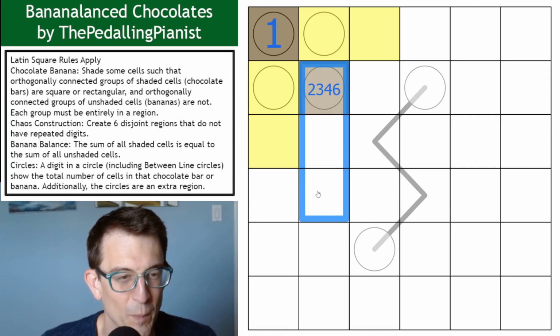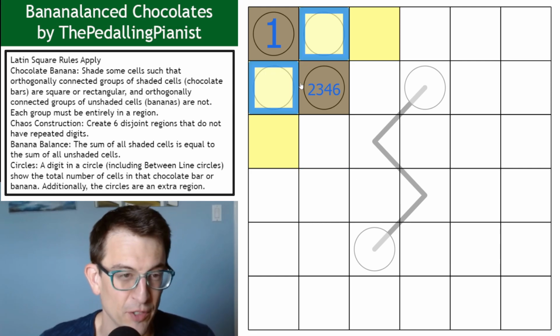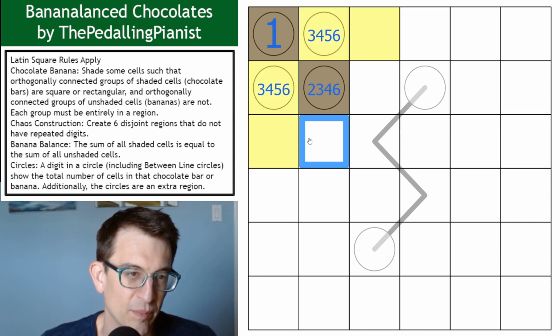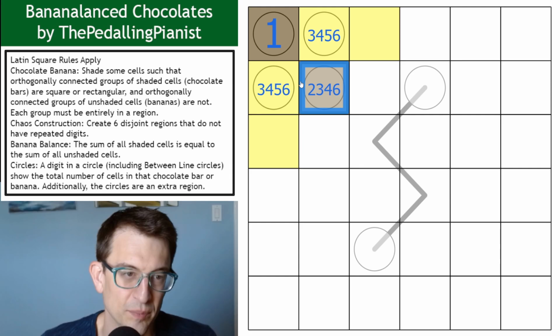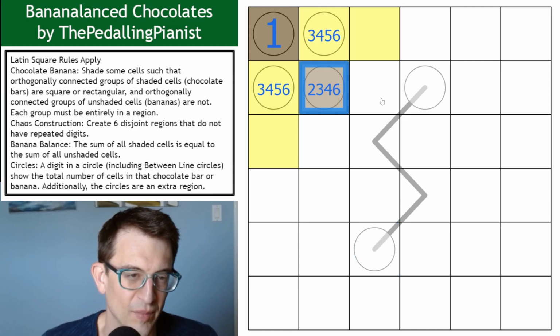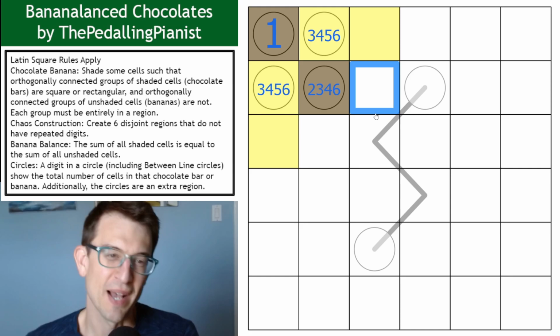And these can't be 2 because they have to grow. So these are at least 3. Can I say something about these? Probably not. Okay, now I'm thinking, could this possibly be chocolate?